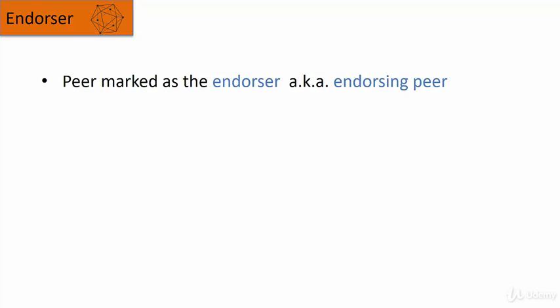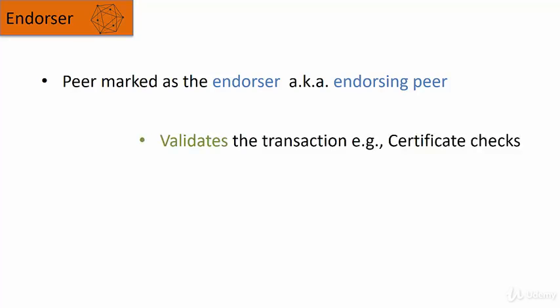Client sends the invocation request to the endorsing peer. On receiving the request for the invocation, the endorsing peer validates the transaction. For example, it checks if the end user has used a valid certificate or not. If the validation checks out fine, then it simulates the chain code.